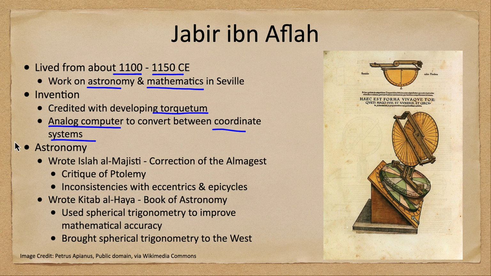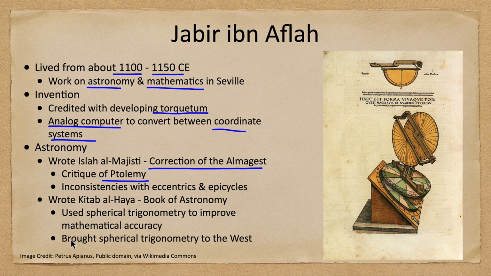Now, in terms of astronomy, he wrote the Isla al-Majesti, which is a correction of the Almagest. So the Almagest, the great work of Ptolemy, about 1,000 years before this, well, now we're getting more corrections to it, and we've talked about that before.